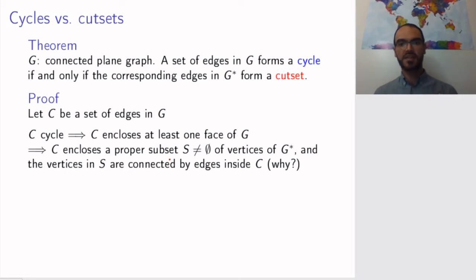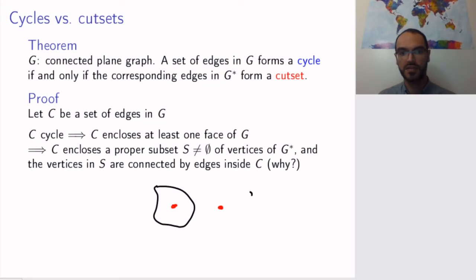These vertices are connected by edges inside our cycle. Why is that? Well, if we have our cycle, and we have these two vertices inside our cycle C and they are not connected, this means that the corresponding faces of G do not have any edge in common.